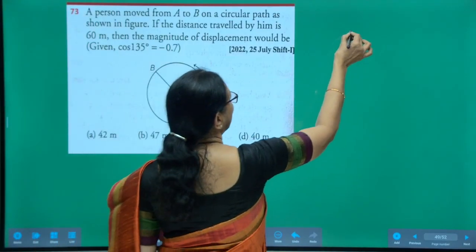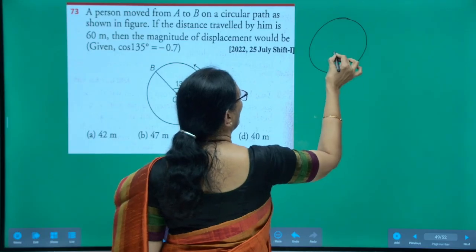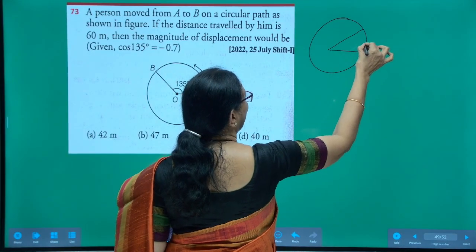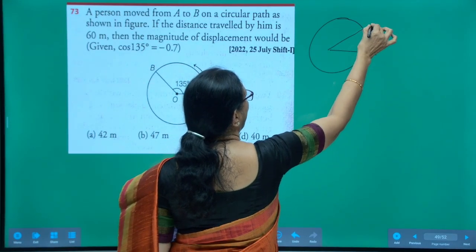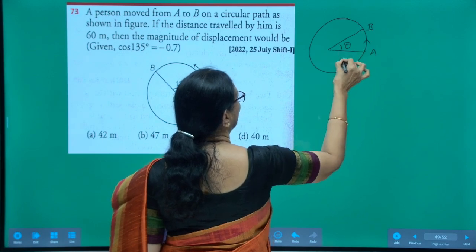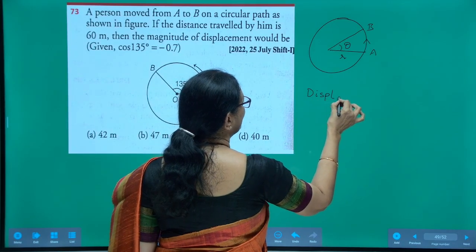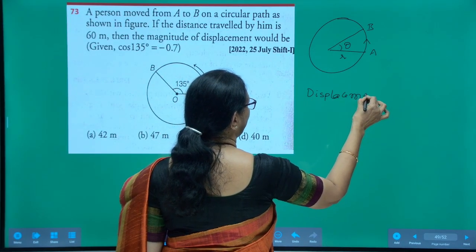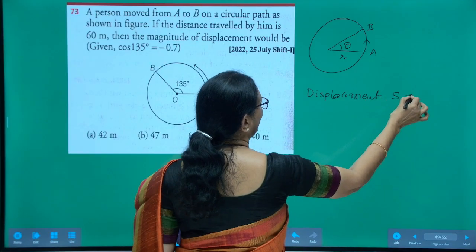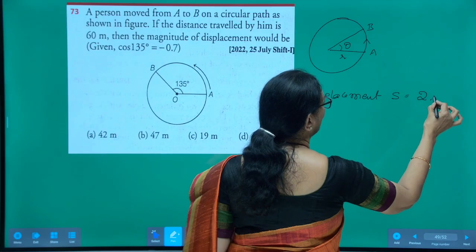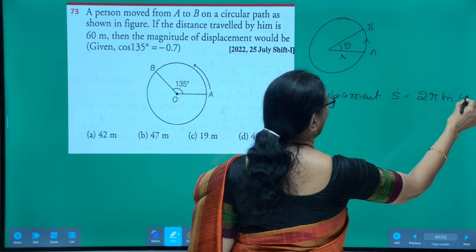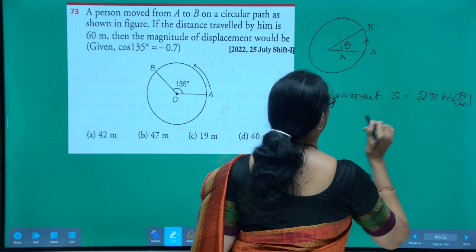See, in case of a body moving in a circular path of radius r, say from A to B, after turning through an angle theta, the formula for the displacement, we know this pretty well, is S equal to 2r sin theta by 2, right?